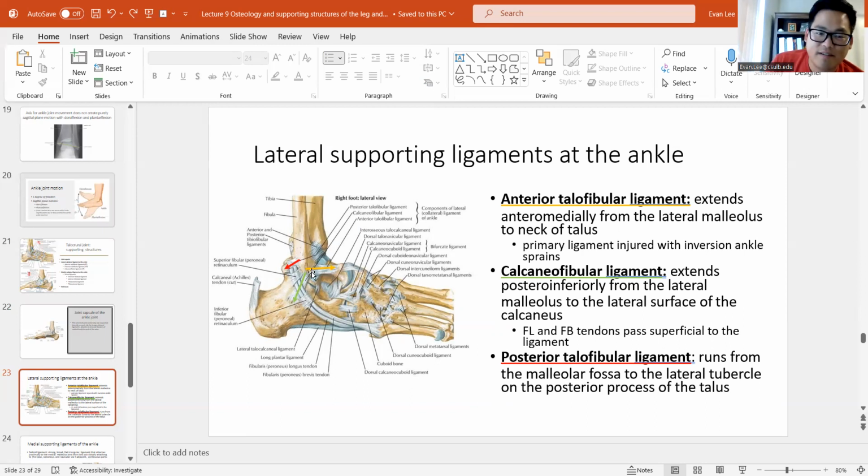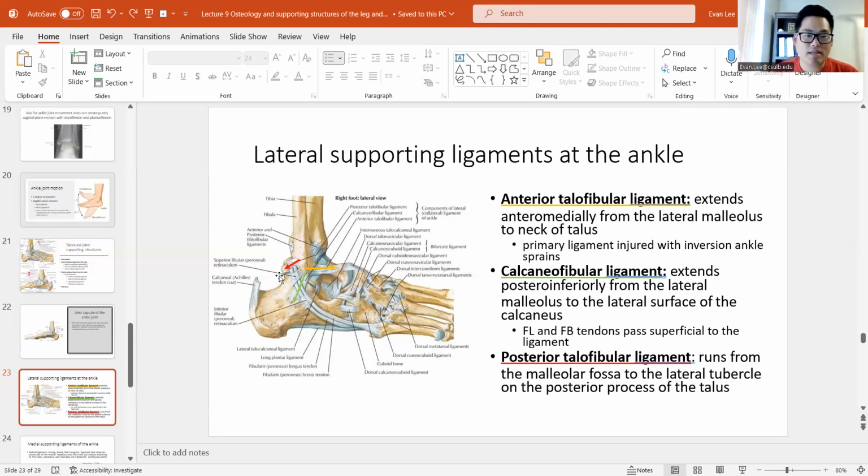And guess what? Going along the back, you have the posterior talofibular ligament. But going down from the fibula to the calcaneus, this is the calcaneofibular ligament.